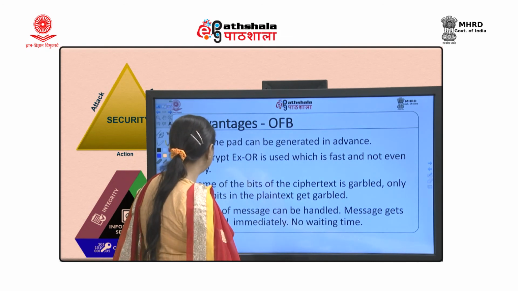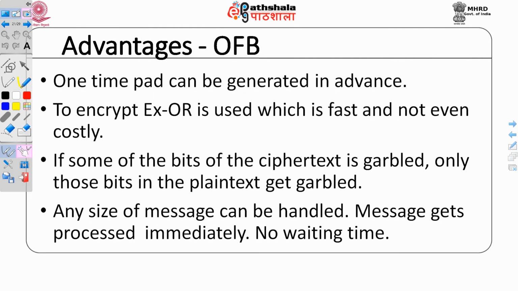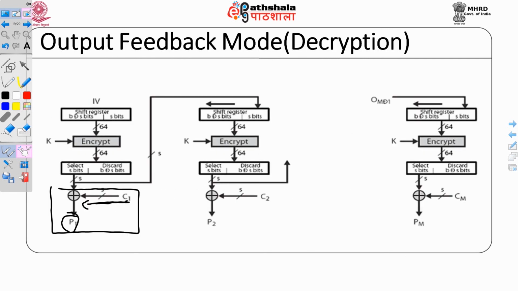Now, the idea here is if some of the bits of the ciphertext are garbled, only those bits in the plain text get garbled. Now, to put my point here, I would go back to my slide.